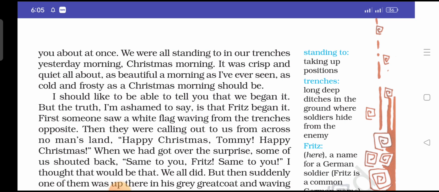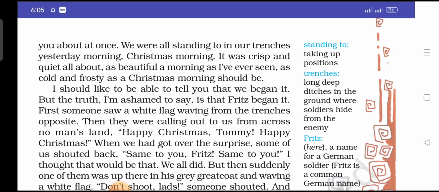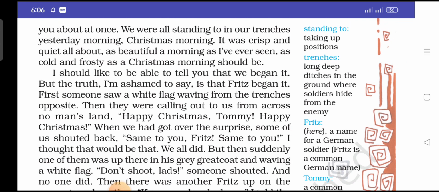Yesterday morning, Christmas morning, it was crisp and quiet all about, as beautiful a morning as I have ever seen, as cold and frosty as a Christmas morning should be. So yesterday morning means Christmas, because this letter has been written 26 December 1914. So that's why Jim is saying that yesterday morning means Christmas morning.